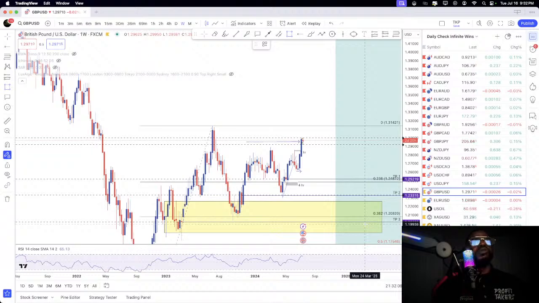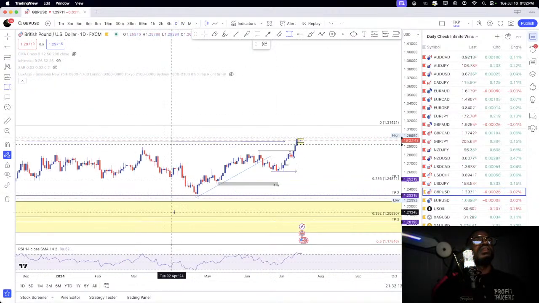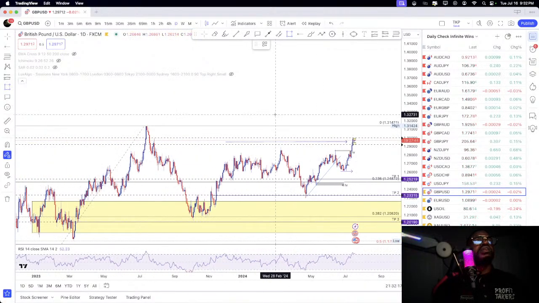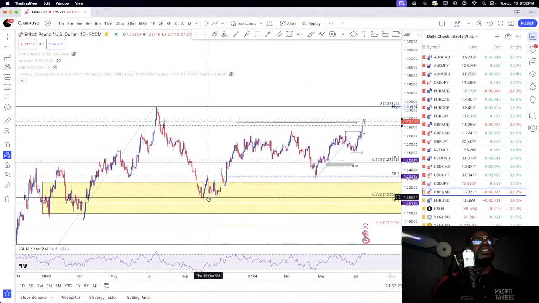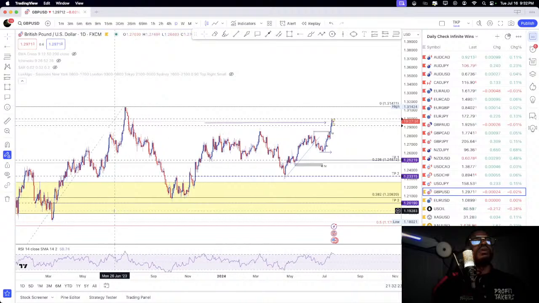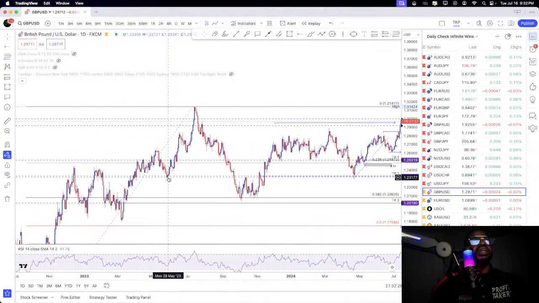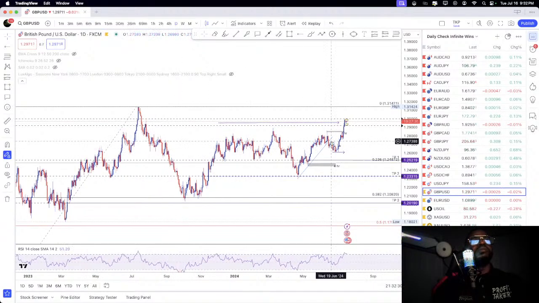That's a pretty strong move on the weekly. So what I'm doing right now, I'm just looking at the higher time frames to see if there's anything I missed. But as of right now, everything looks really bullish.